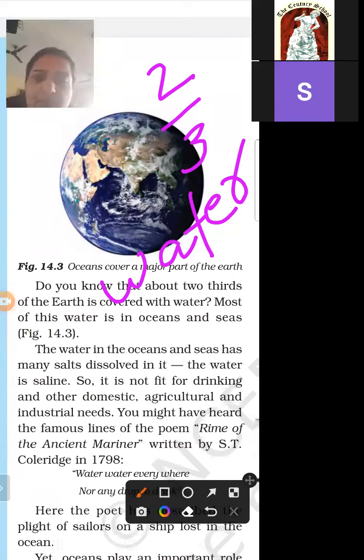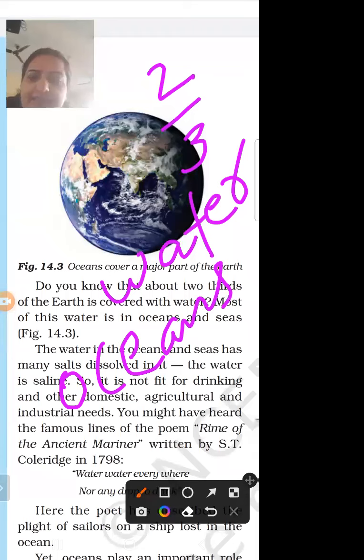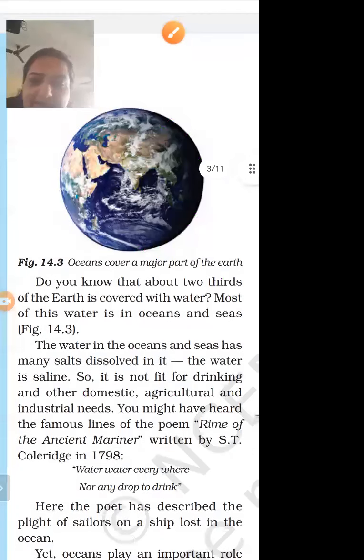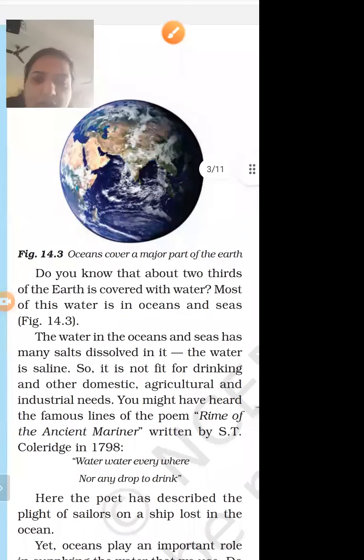And where does this water exist? This water is either in oceans or seas. The water in the oceans and seas has a lot of salt dissolved in it. So what is the disadvantage of this water?